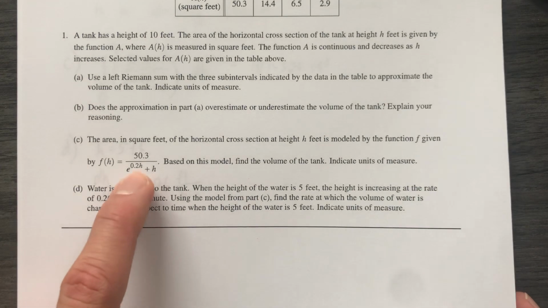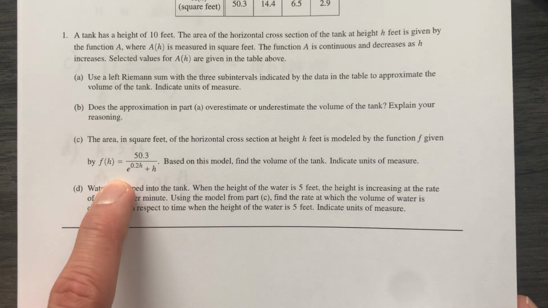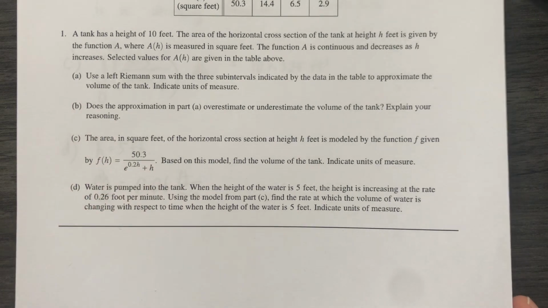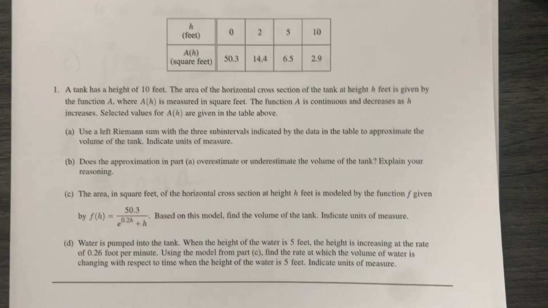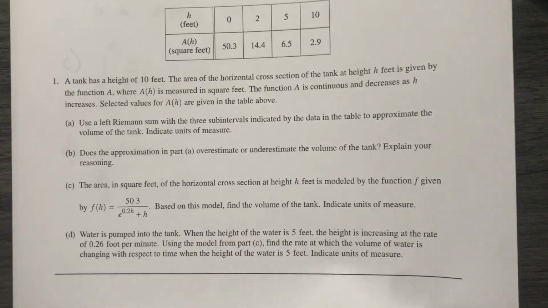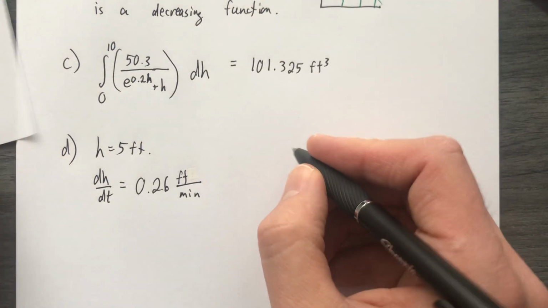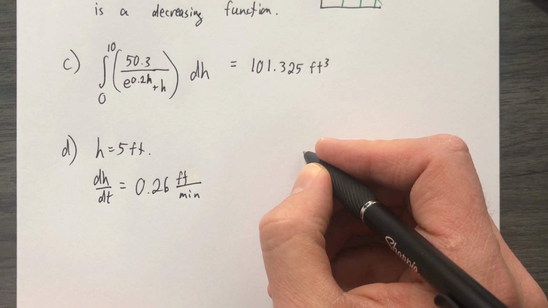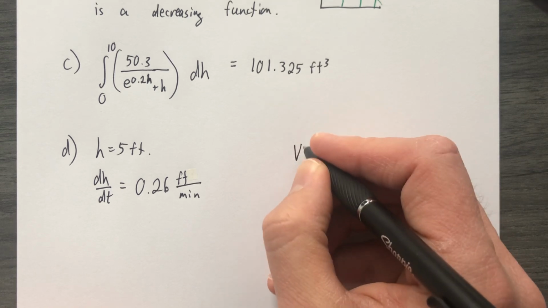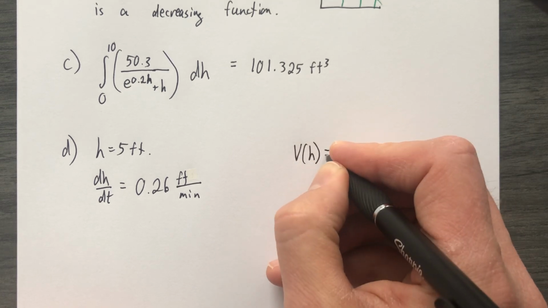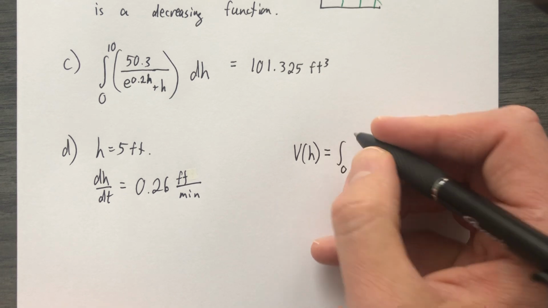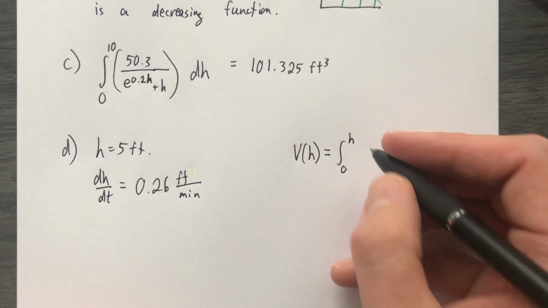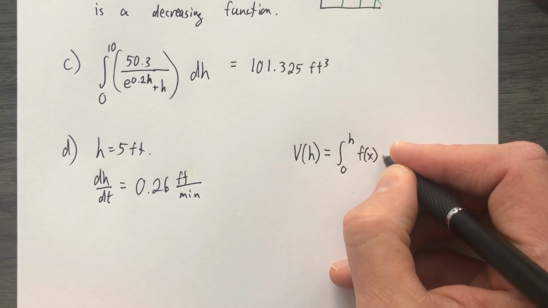This equation right here, this function that they say is a really good fit for this data and the actuality of this 10-foot tank. So we're going to deal with, well, basically the volume, which goes from 0 to the height of f of x dx.